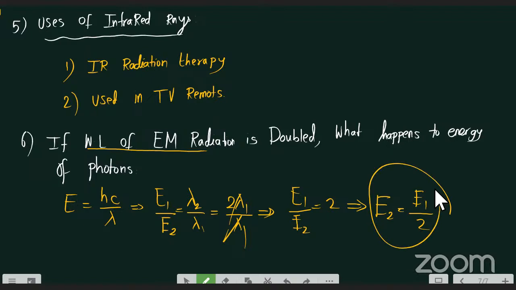So if the wavelength of electromagnetic radiation is doubled, then the energy will be half.